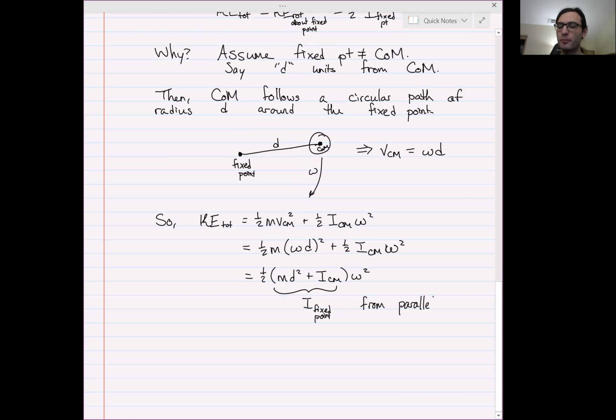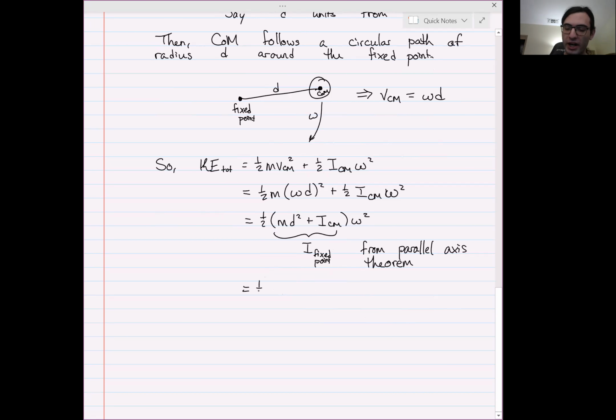You take your moment of inertia about the center of mass and add to it m times the distance to the axis of rotation squared, and that's the moment of inertia about that new axis. So this is just equal to 1/2 times the moment of inertia about that fixed point times omega squared. Omega is always the rotational speed. Always true.